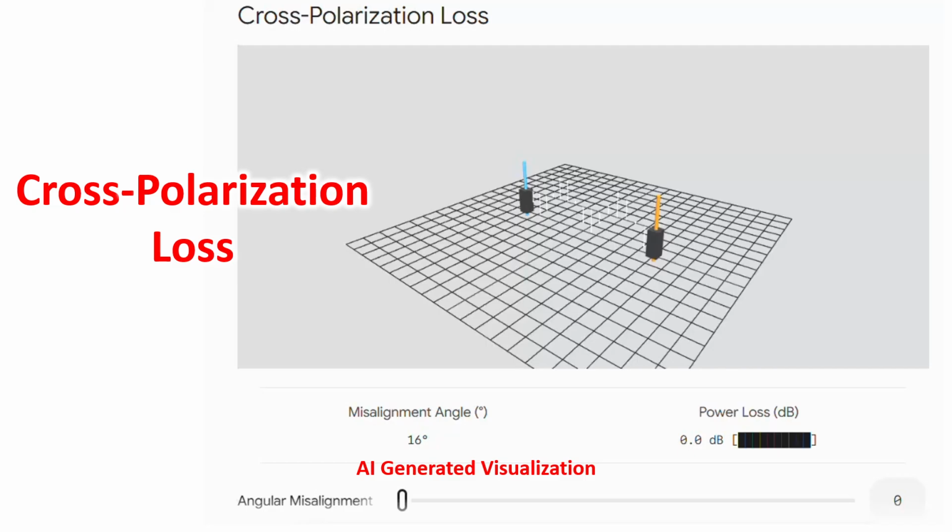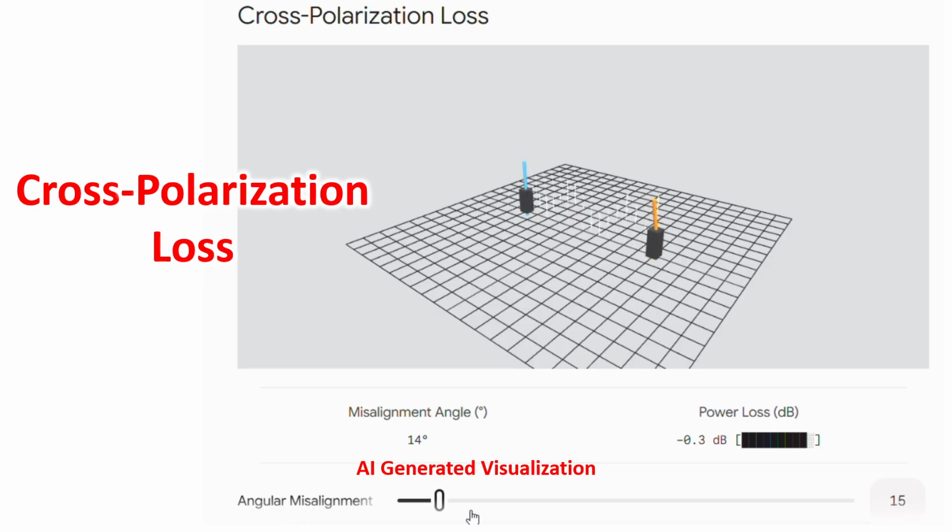Here is a demo. Here is a visualization of cross polarization losses. As the misalignment angle increases, you can see that the loss will also increase.